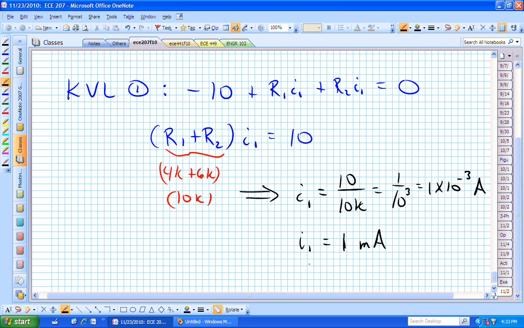And that's positive, isn't it? Which is greater than 0, so that checks with our assumed configuration.